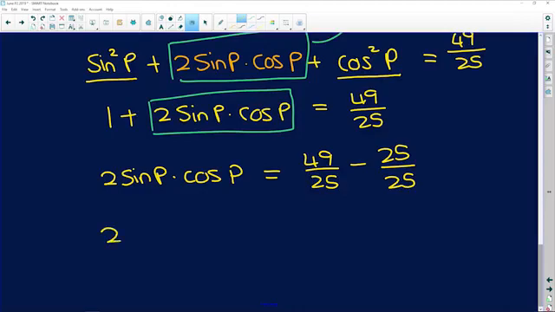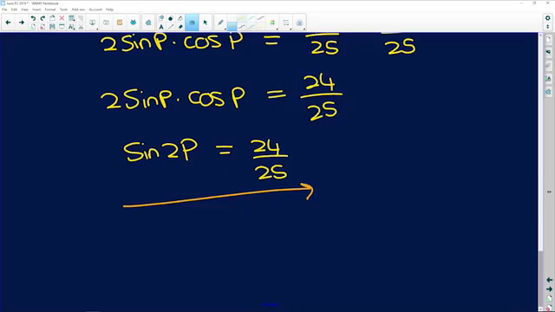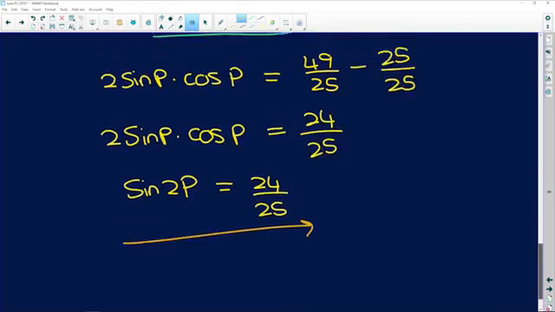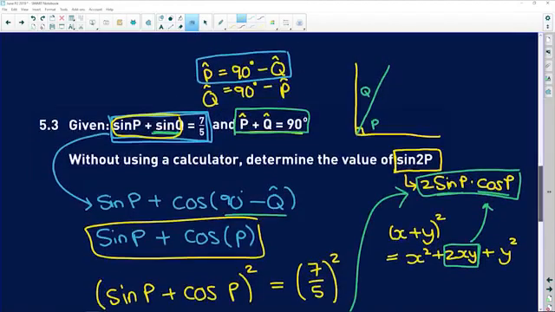So that means that 2 sine of p multiplied by cos of p is equal to 49 minus 25, which is 24 over 25. And therefore, sine of 2p, which is what we got asked for in the first place, is 24 over 25.